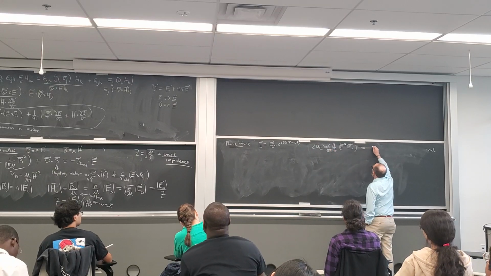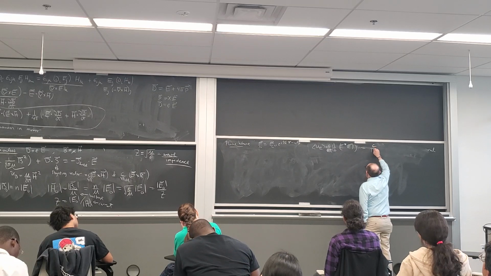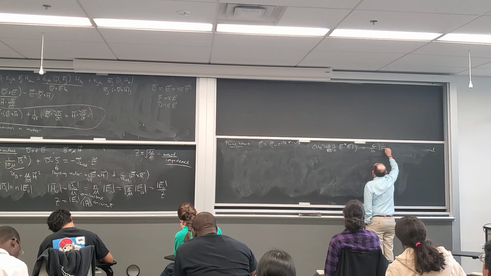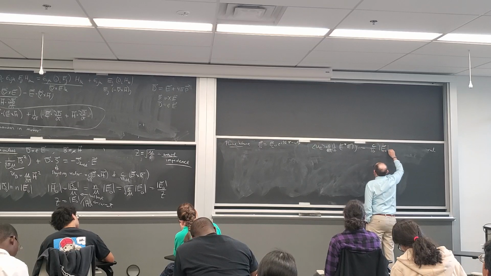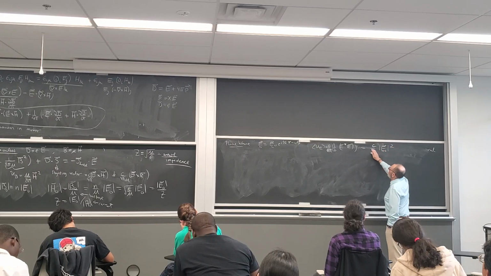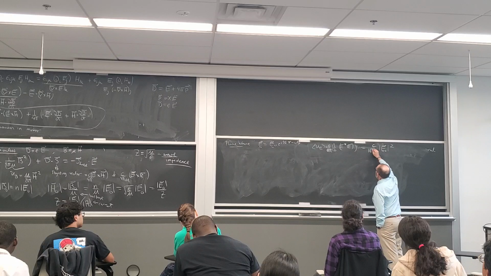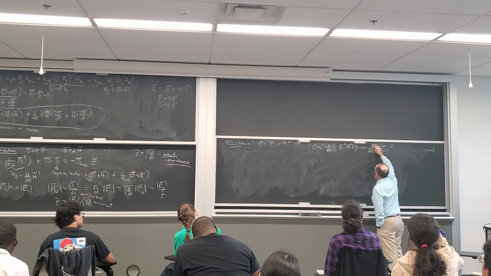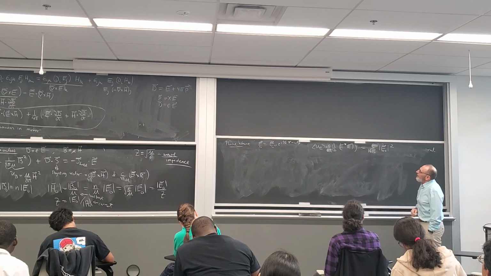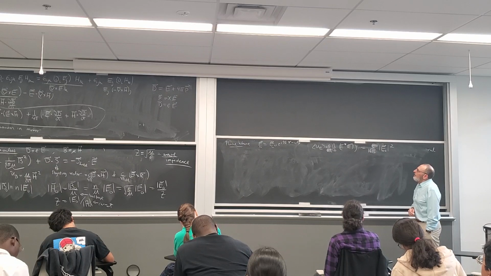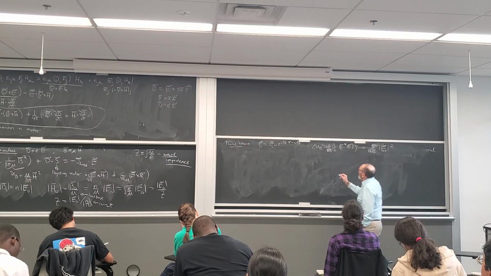So this is equal to epsilon over 16 pi times the amplitude squared. That's the time average energy in the electric field.